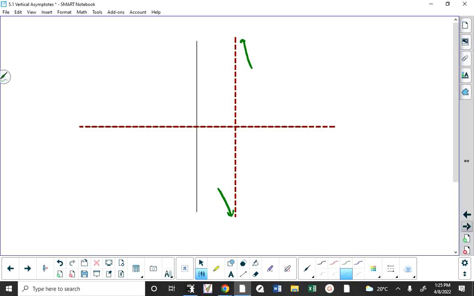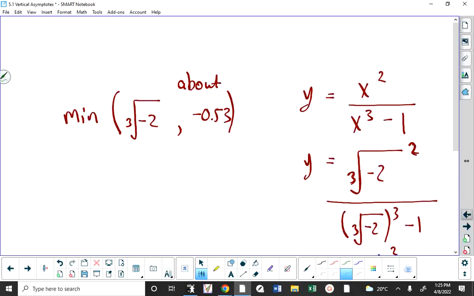I've also just determined that there is a minimum at negative cube root 2, which was about 1.26. Is my memory right there? That when you take the cube root of negative 2, you get about negative 1.26, comma, negative 0.53. So we can put that point on here. Negative 1.3, comma, negative 1/2.